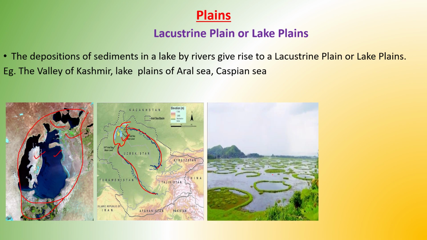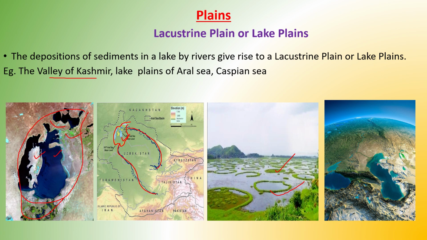In India, lacustrine plains are forming in Kashmir Valley and also in Manipur. Here it is floating on the silt. The floating gardens are also there in Manipur.